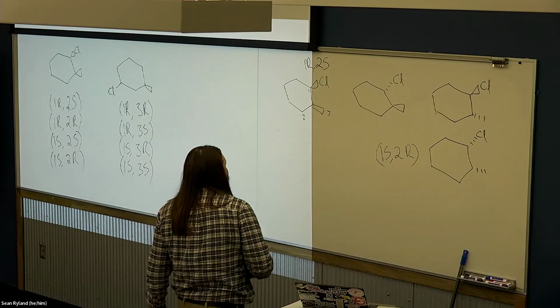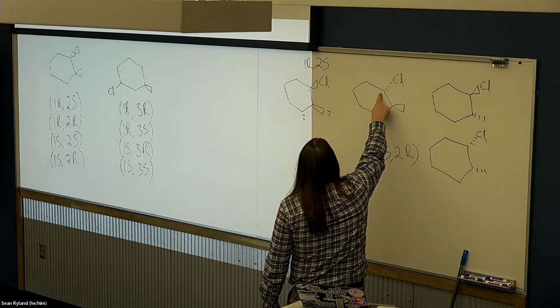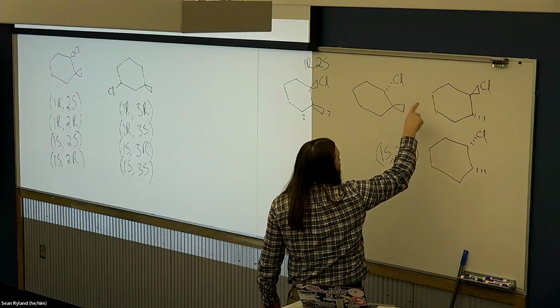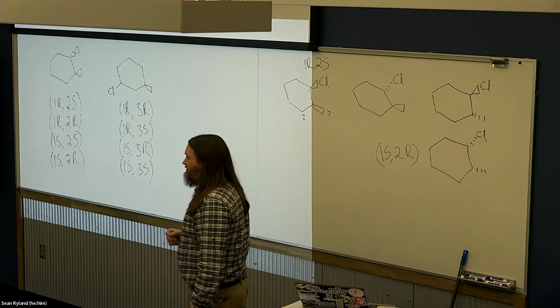And then our trans ones have the same issue. This one's trans, but it's not the same molecule as the other trans one because they're opposite directions. They're enantiomers to each other.